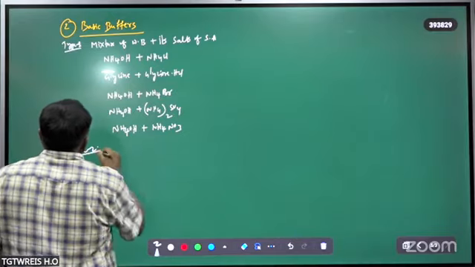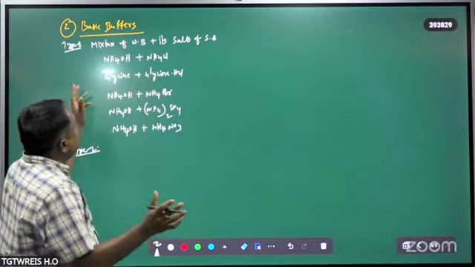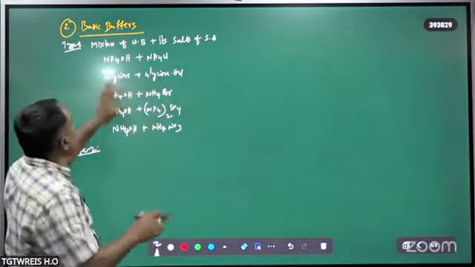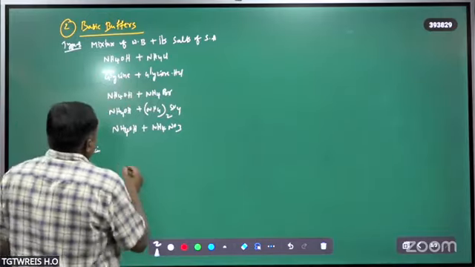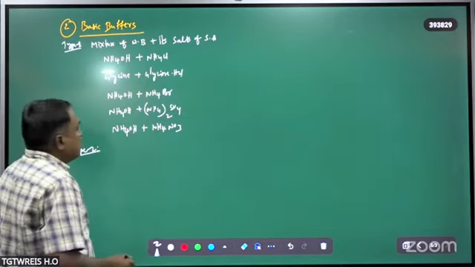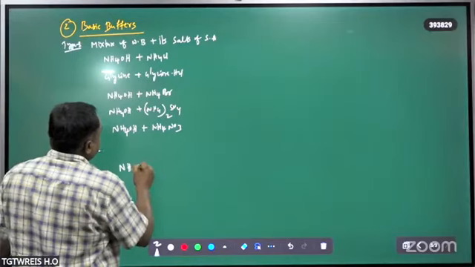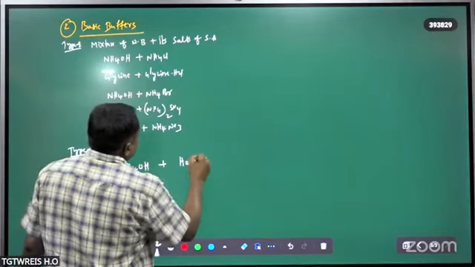And next, type 2. These are the direct buffers. By adding a weak base and a strong acid, you will get the buffer. Suppose you take ammonium hydroxide and a strong acid, H2SO4 or HCl.